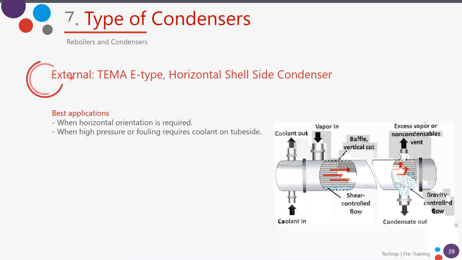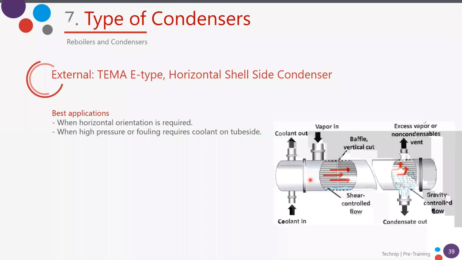So here we are seeing the external condensers, TEMA E type, that is very commonly used. The baffled E condenser is widely used and is the least expensive type of horizontal condenser.